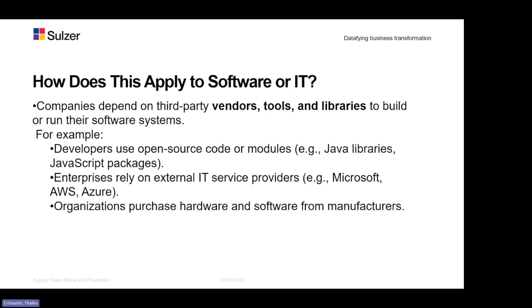For example, if you use Java, you use some Java libraries, or some open source projects, or even services, for example Microsoft or the cloud, like Azure. So if any of those have some bugs that anyone can exploit, everyone that uses that information will be affected.